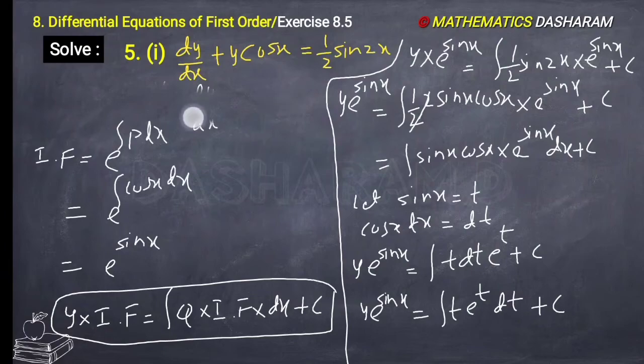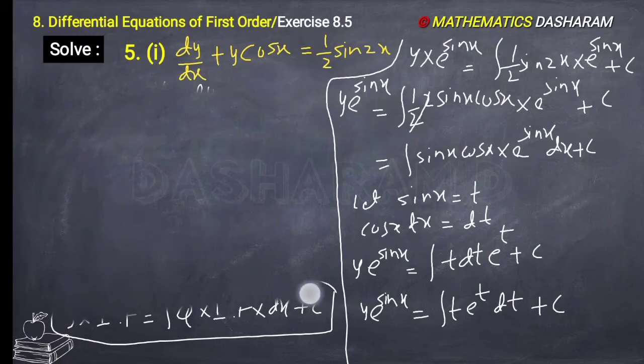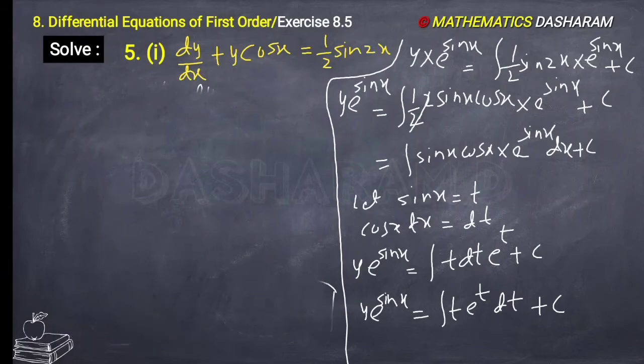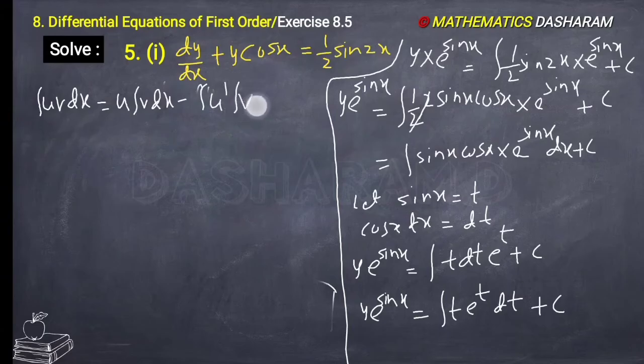So here apply the integration by parts formula, that is integration u into v dx equals u into integration v dx minus integration u dash into integration v dx, and whole dx.